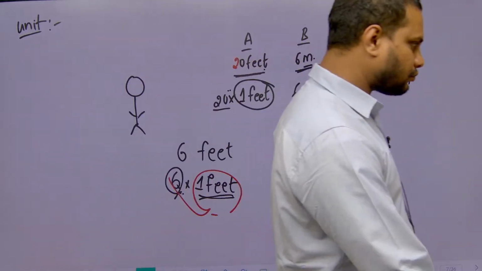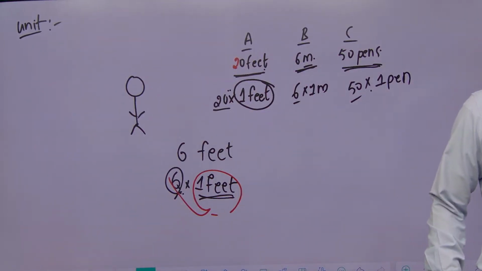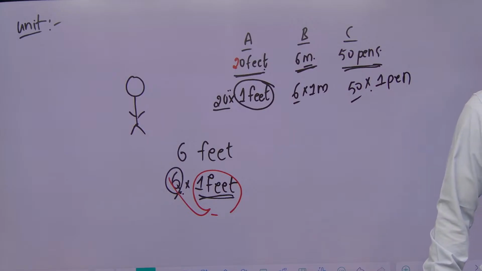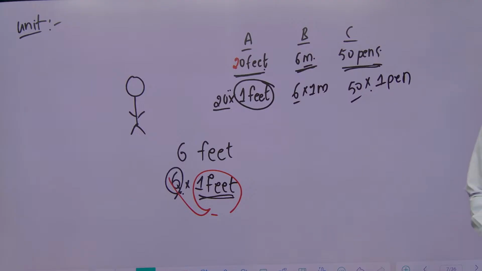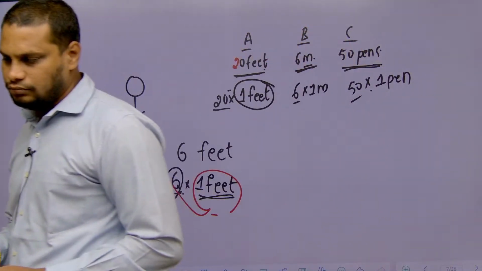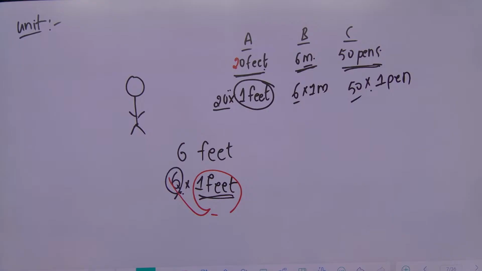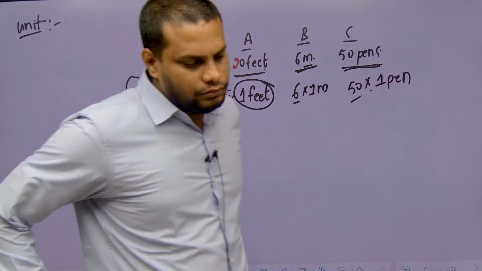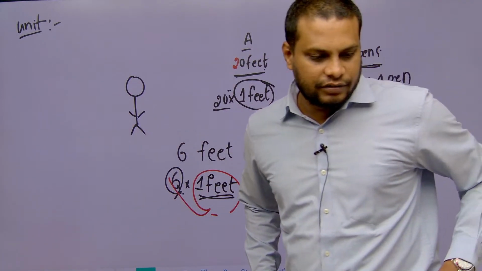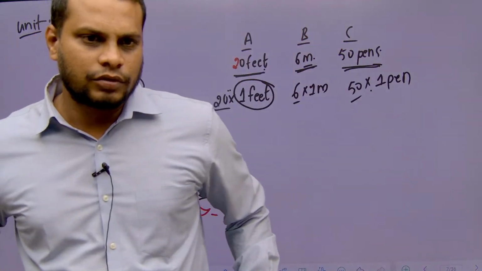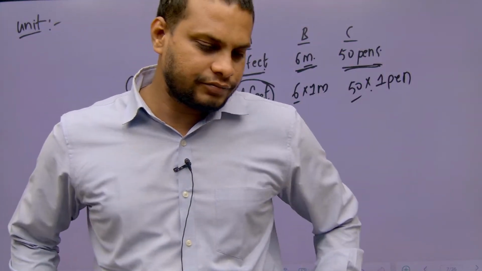Unit: smallest entity that can be repeated to get the physical quantity. Clear?